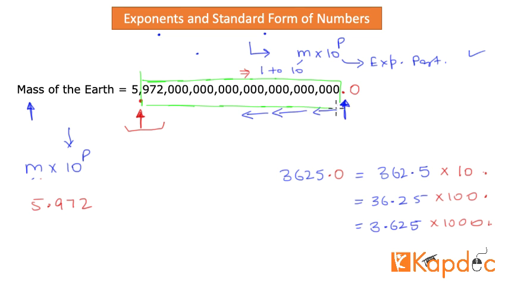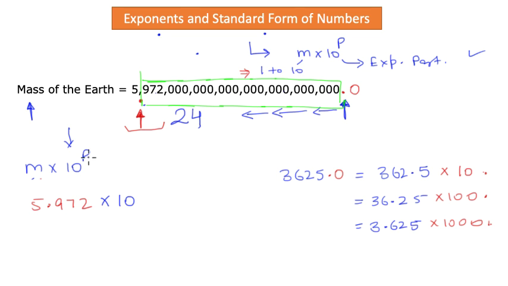So these many places, if you move your decimal point from right to left, you can write your number as a number in the decimal form. But I have to multiply this with 10 to the power p, where p is the number of places it moves from right to left. So let's count how many places it moves. It moves 24 places: 3, 6, 9, 12, 15, 18, 21 and 24. So it moves 24 places from right to left.